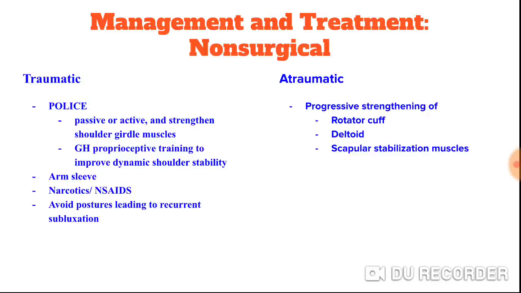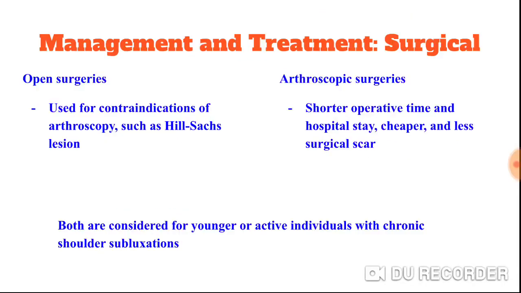And as far as atraumatic goes, progressive strengthening of rotator cuff, deltoid, and any other scapular stabilization muscles would benefit to prevent recurring subluxations and dislocations. And as far as surgical procedures go, there's 2 types of surgeries they could do on shoulder instability or dislocations. One of those is open surgeries, and the other one is arthroscopic.